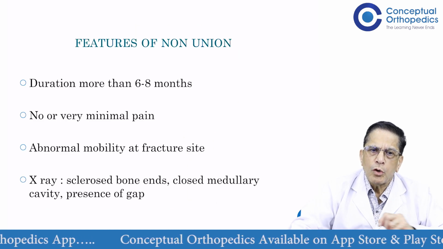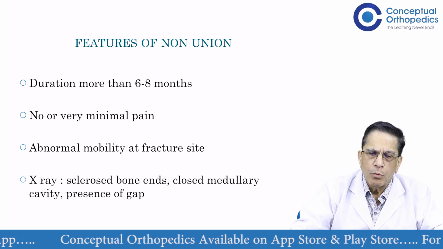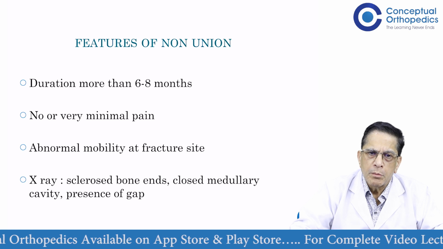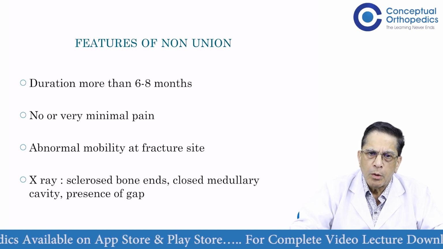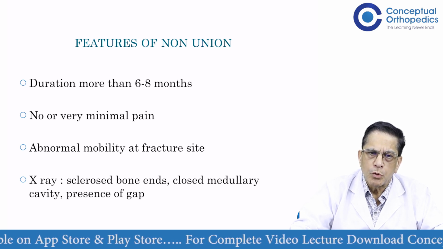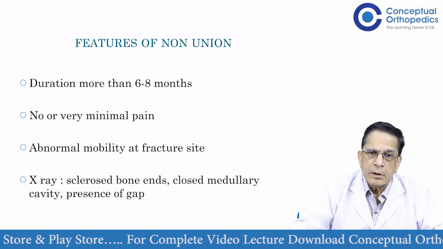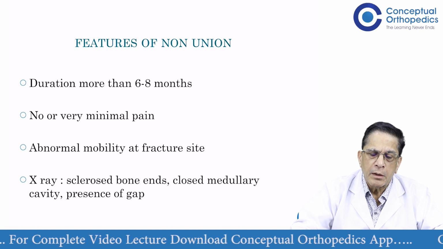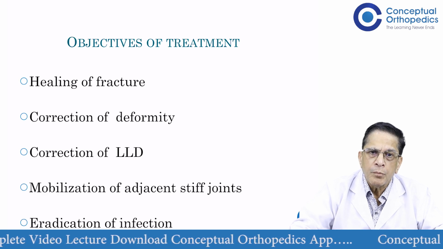The features of non-union are a duration of more than 6 to 8 months, no or minimal pain, or abnormal mobility at the fracture site in most of them, and the X-ray shows sclerosed bone ends, closed medullary cavity, and presence of a gap.